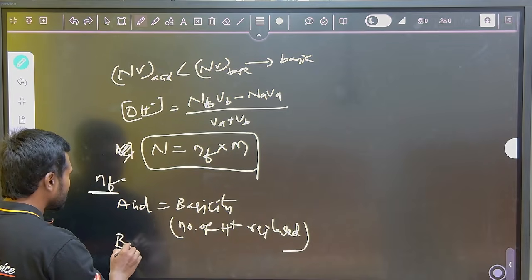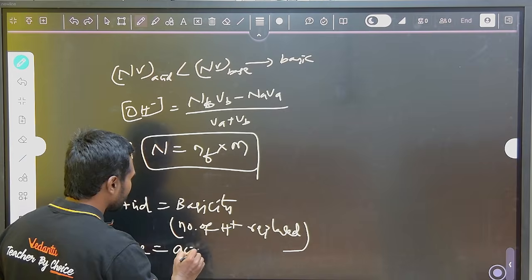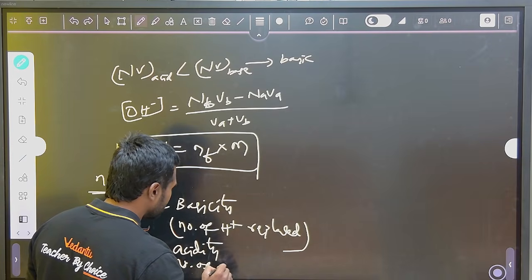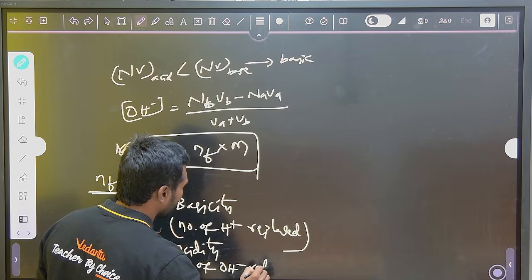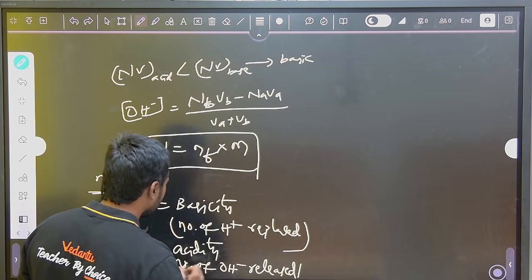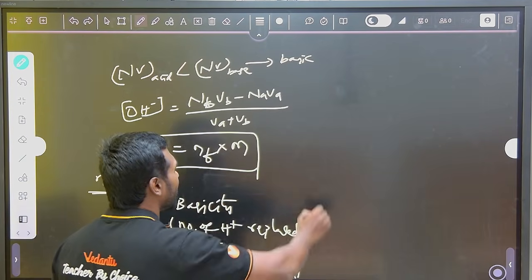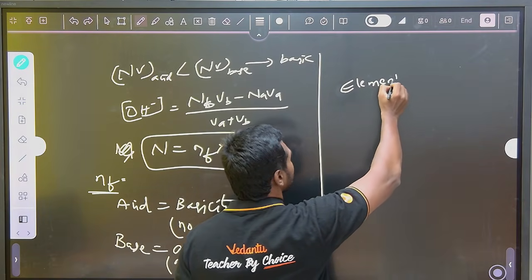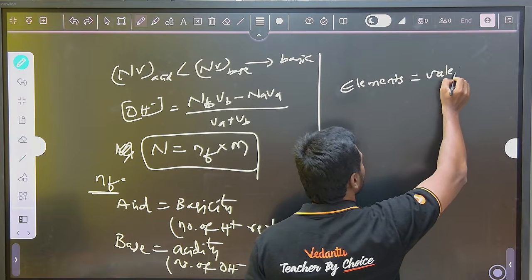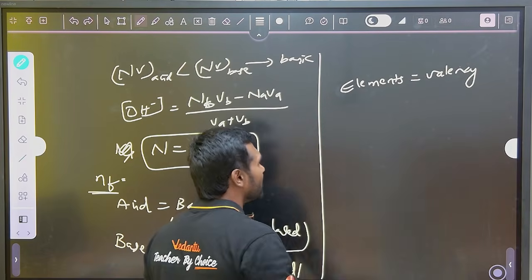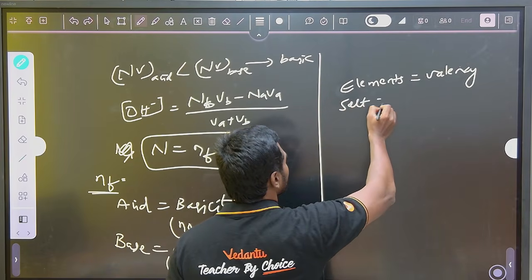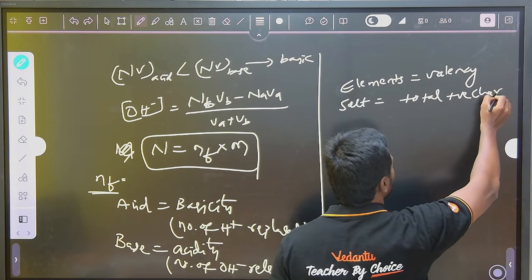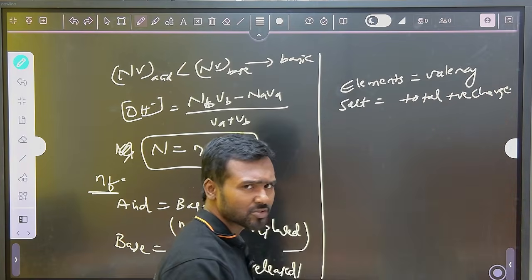For a base it is acidity, that is the number of OH minus ions released by a base. For elements, the n factor is equal to valency. And for a salt, it is the total positive charge.